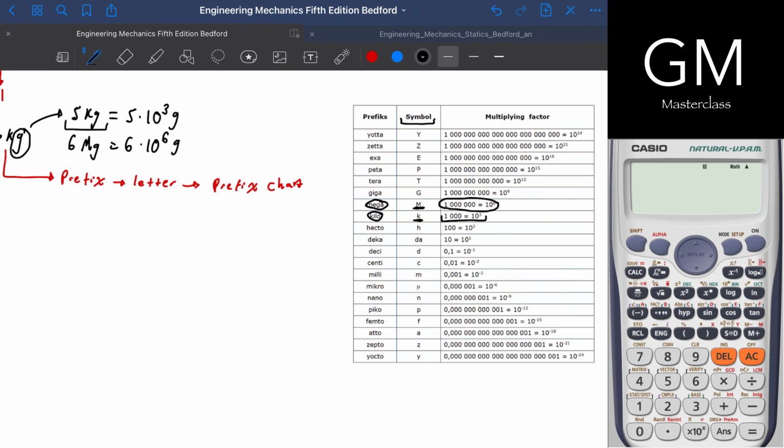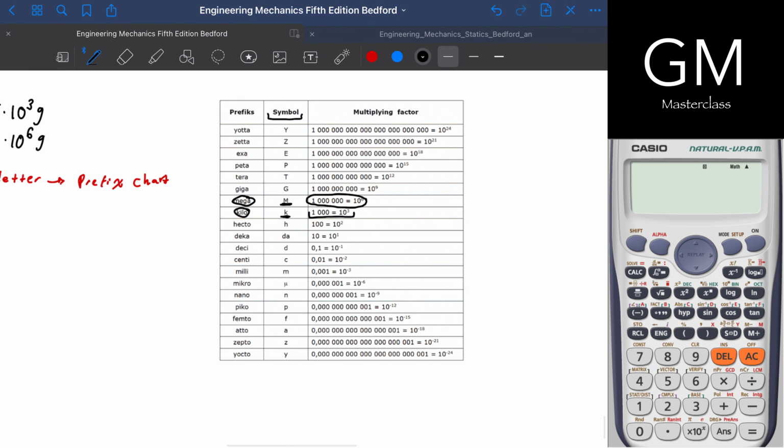Alright? So how do you memorize this table? You don't have to, actually, but if you are in a place in which you don't have access to the table, let me give you a trick to remember it. First, you have to memorize these prefixes, there is no other way.